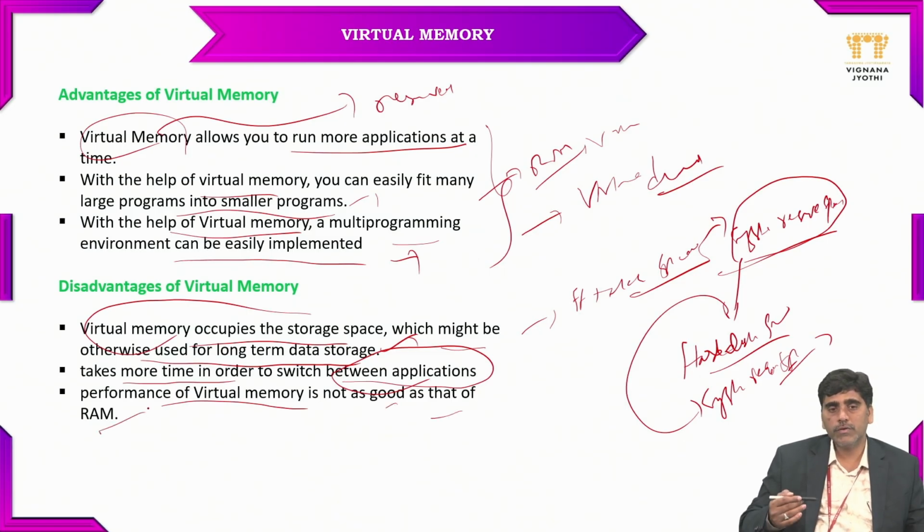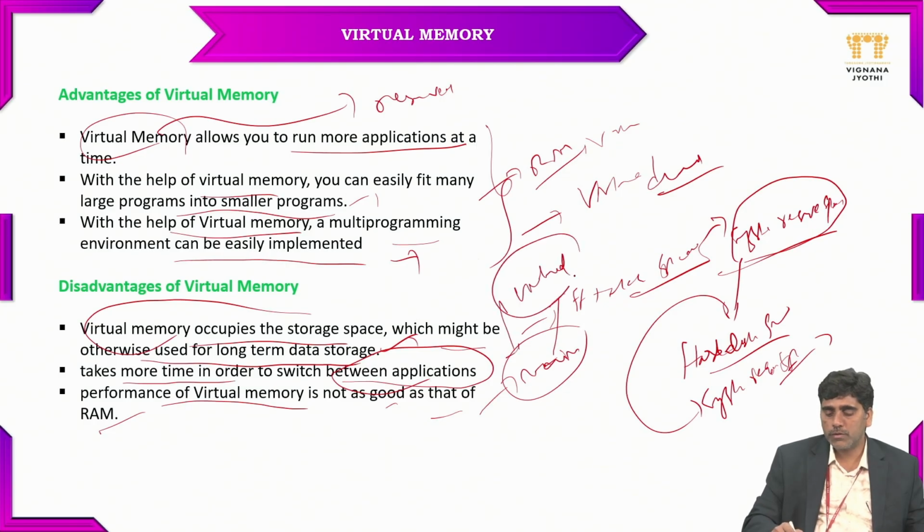Whenever a program is loaded into the main memory, it executes very fast. But whenever the main memory is out of size, then it looks for virtual memory. So virtual memory is always slow compared with the main memory in terms of process performance.